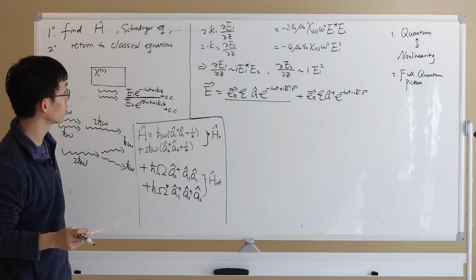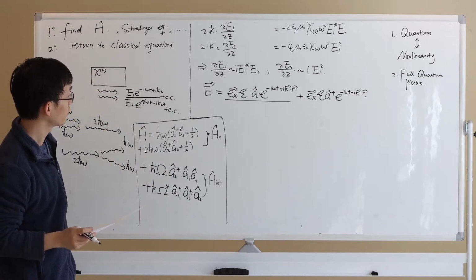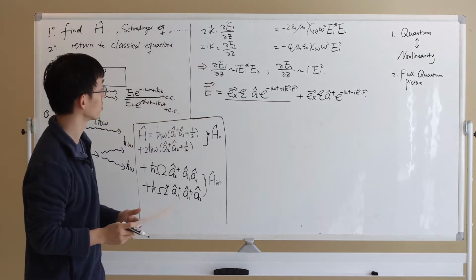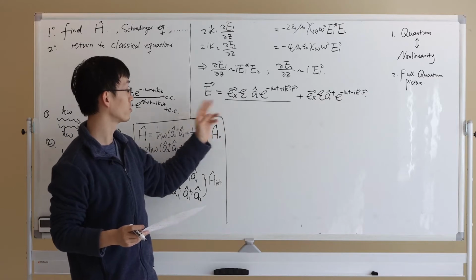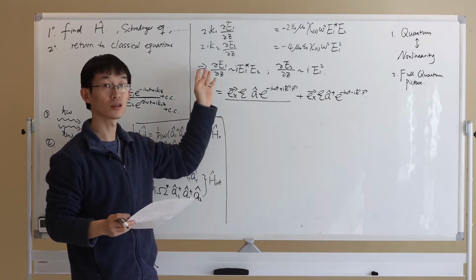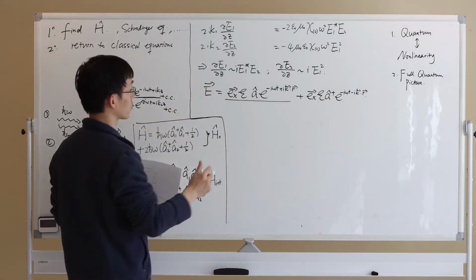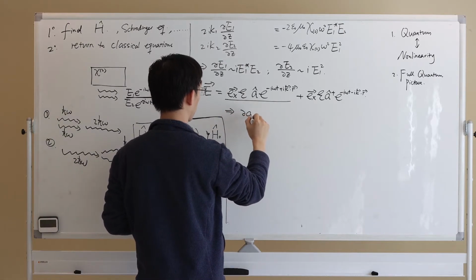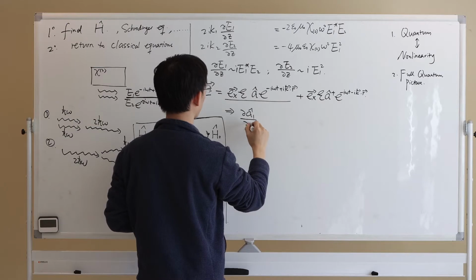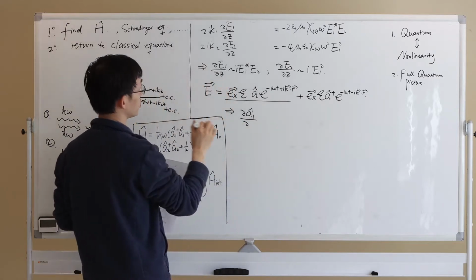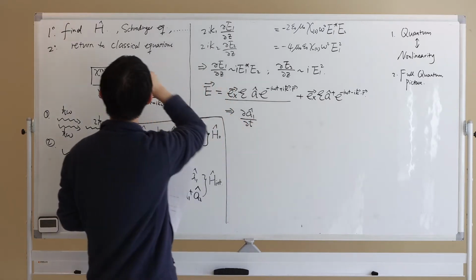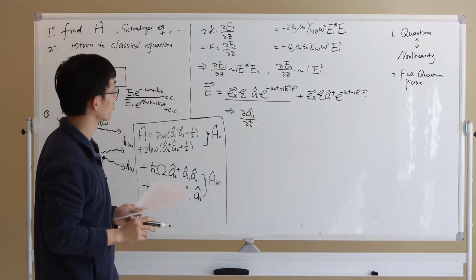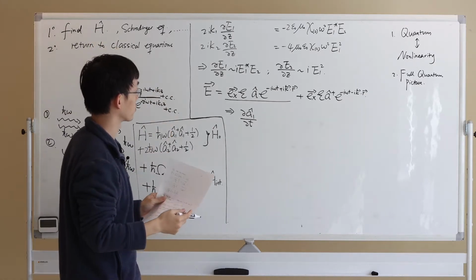Eventually, if these two are the same equation, if there's a connection between the quantum case and the classical case, then the quantum case should give you an equation like this. We don't have Z, but we have T, because in the Schrodinger equation we don't solve for position, we solve for time evolution.